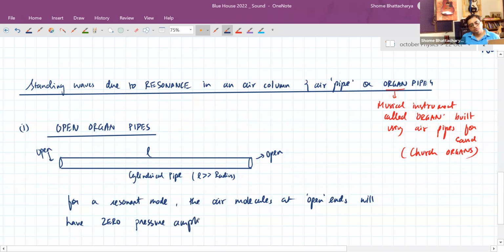They'll have zero amplitude. So there'll be pressure nodes.